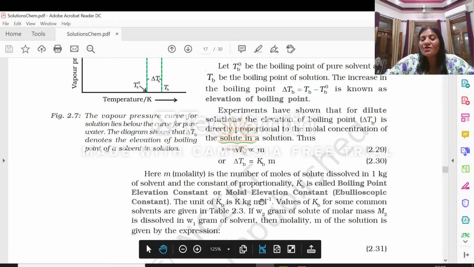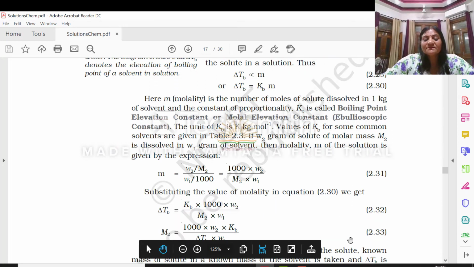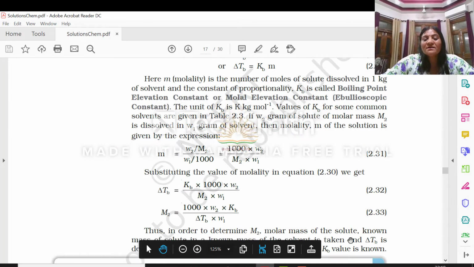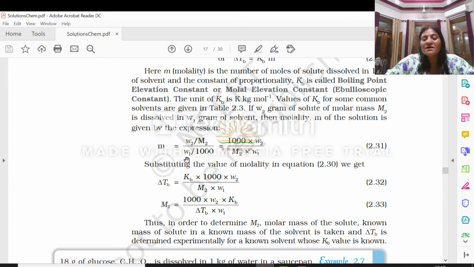Strongly learn this unit. And now the calculation of the molar mass, the molality calculation. The molality is the number of moles of non-volatile solute dissolved in 1000 gram of the solvent.